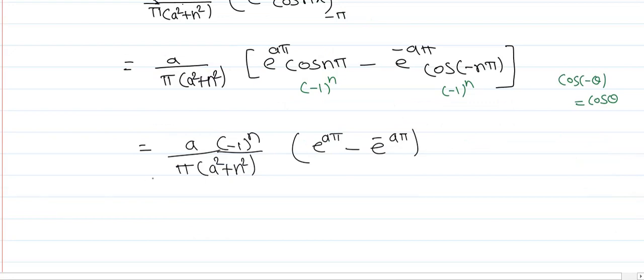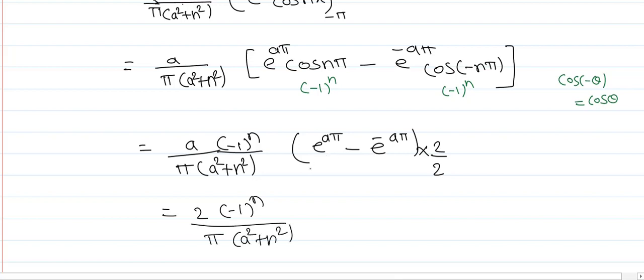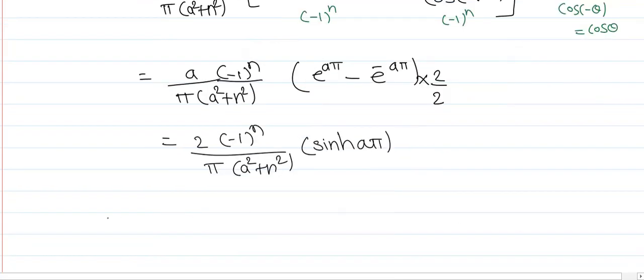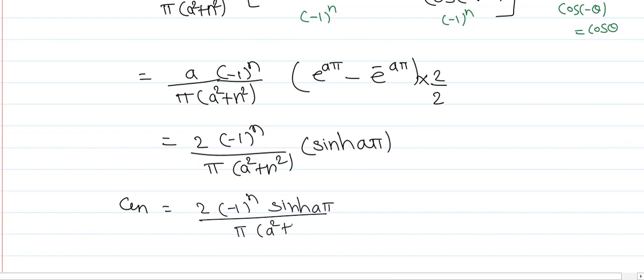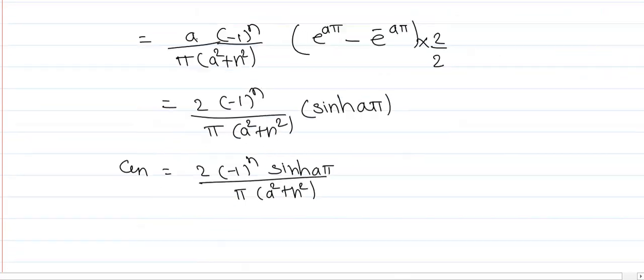Again, add this 2 in numerator and denominator, so multiply by 2 divided by 2, we get 2 minus 1 raised to n, over pi of a square plus n square, and e raised to a pi minus e raised to minus a pi is sine hyperbolic a pi. So we will get the value of a n as 2a minus 1 raised to n sine hyperbolic a pi divided by pi of a square plus n square.